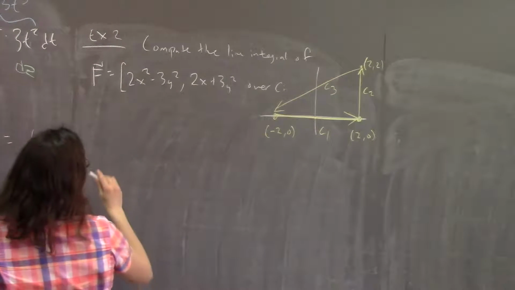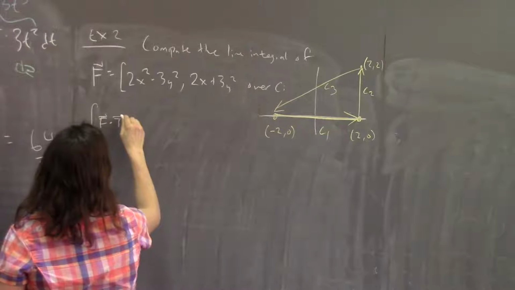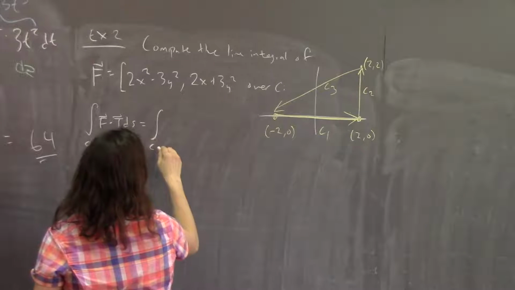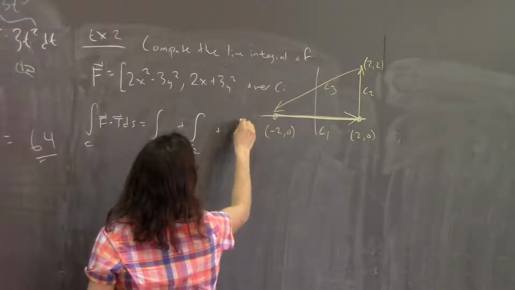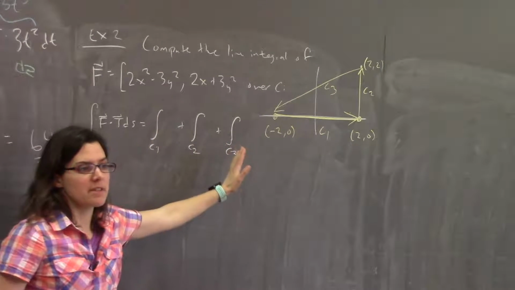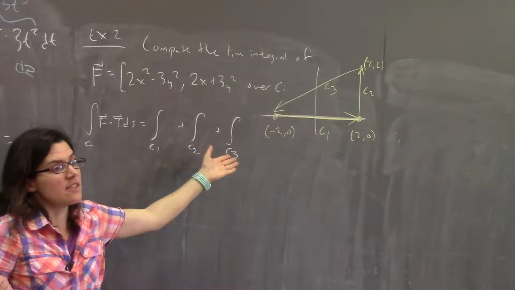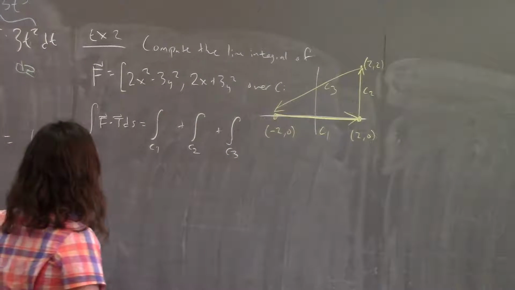So let's try this. The integral over C of f dot t ds is just the sum of the integrals over the three parts. We'll just integrate them over the three parts and add them up. That's really the only way to do it because it's different on the three parts. So let's do this.